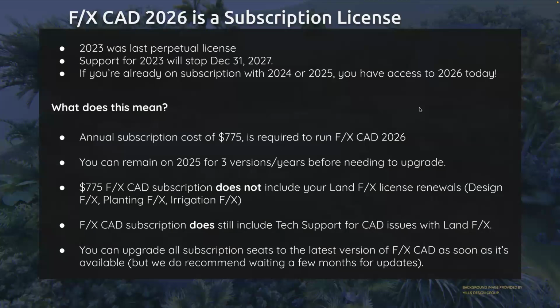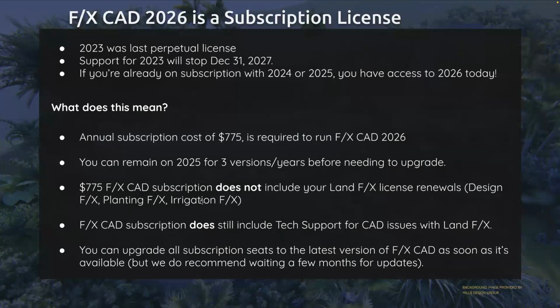So, what does subscription mean? That means it's that annual subscription cost of $775, and you can remain on, sorry, 2026 for three versions before needing to upgrade. And it does not include your Land F/X license renewal, so you will have to tack onto that the cost of whichever Land F/X license you have chosen to go with.